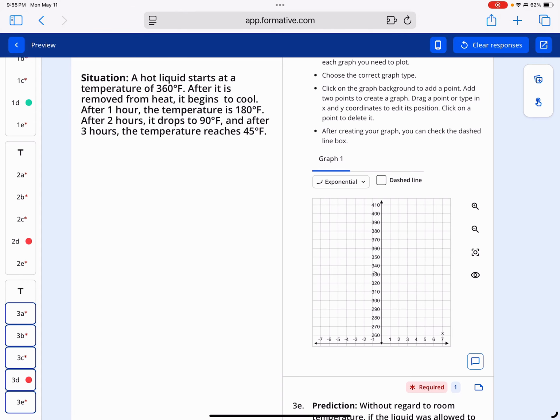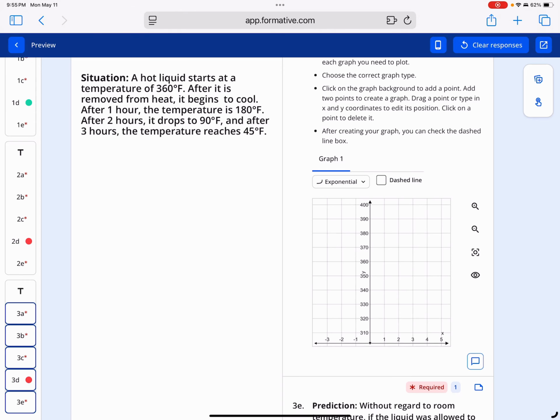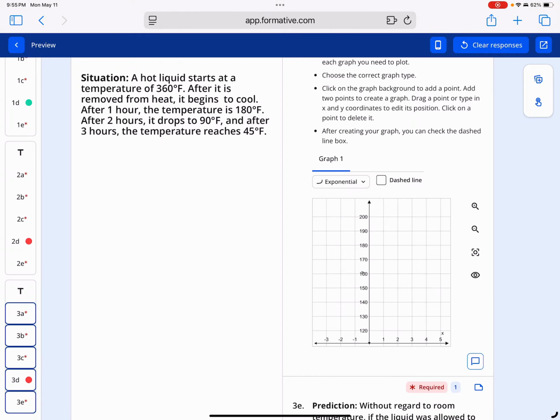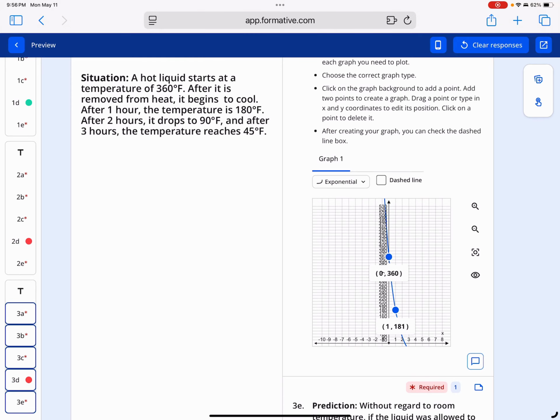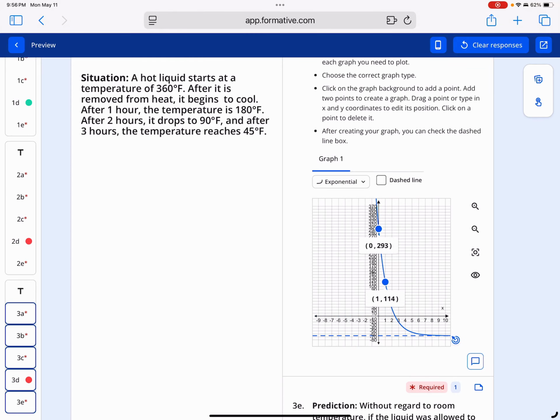Make sure the point that you grab is the point that you're looking for, okay? And then it drops to 180. So I know my X value needs to be 1, my Y value needs to be 180. I just click it right there. And if you zoom out, you have a better idea of the graph as a whole, and actually graphs your asymptote for you right there as well.